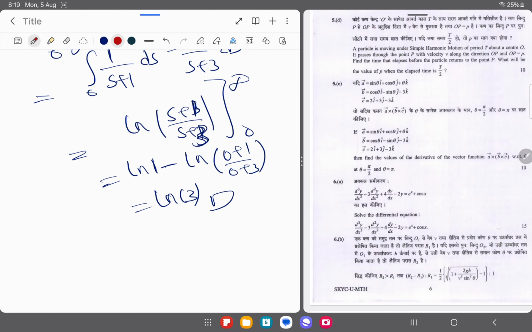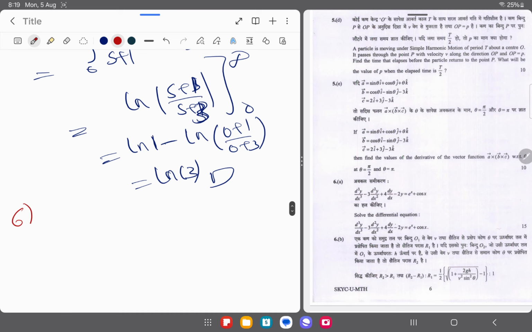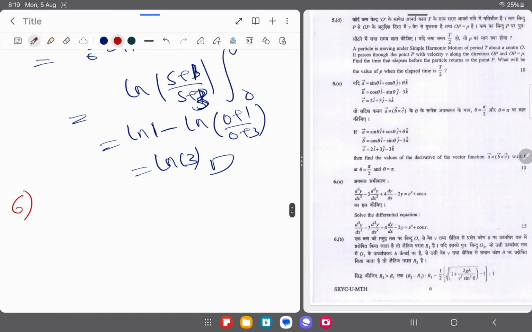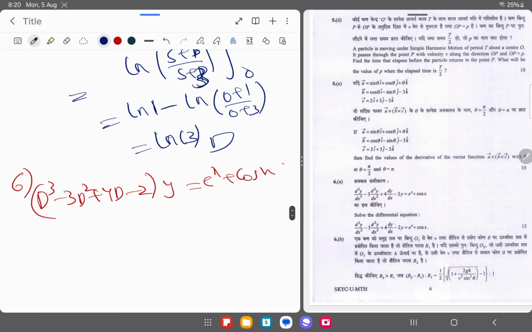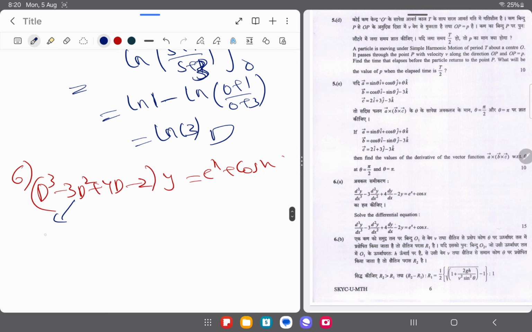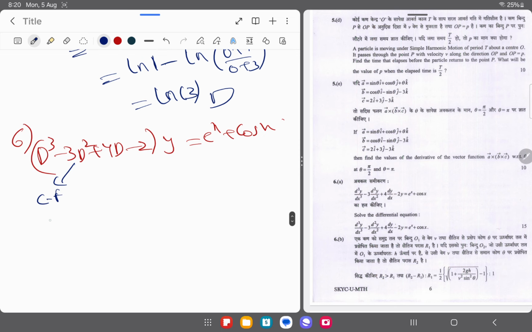Now coming to the sixth one. So here (D cube minus 3D square plus 4D minus 2) y is equal to e power x plus cos x, right? So let us find the CF here first. D equal to 1 will be a trial solution, right?